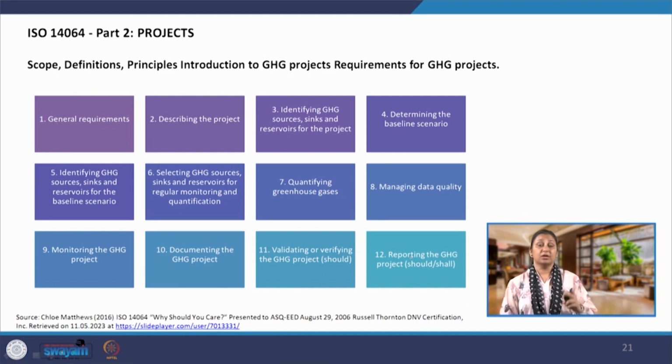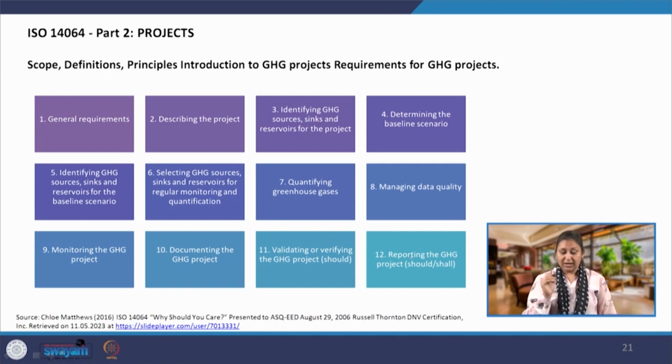In part 2, we are actually talking about the projects. So, inventory, and then we are talking about the projects here. This particular standard, 14064 part 2, deals with what all goes into these projects. So, we are starting with general requirements and describing the projects.